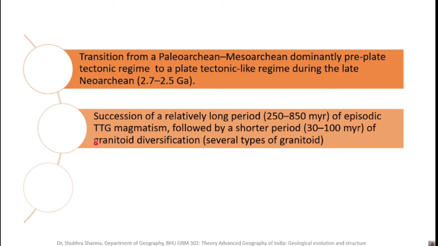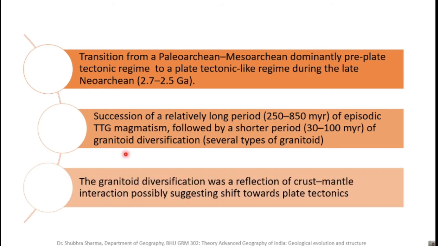What does this mean? What is the scientific information that we derive? So what if granitoid diversification was happening? This again suggests that there was a lot of crust-mantle interaction going on. So diversification of granite, different types of granites, develop because the crust and the mantle are interacting. And how would they interact?